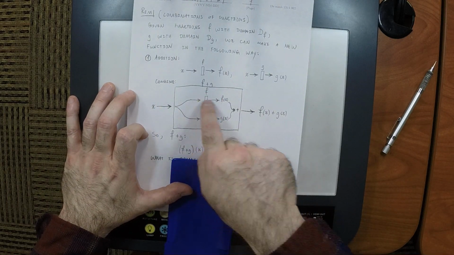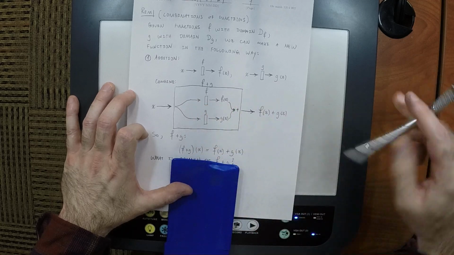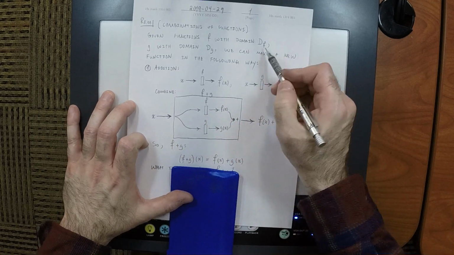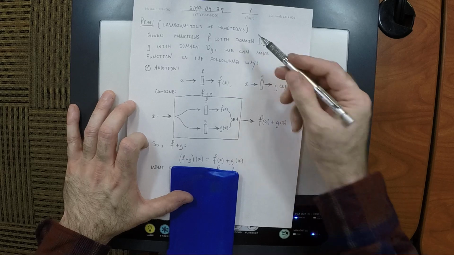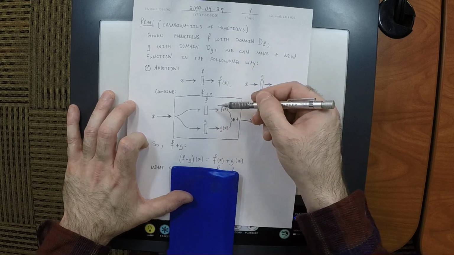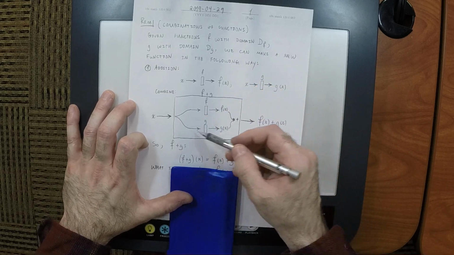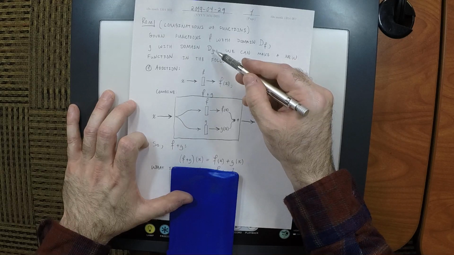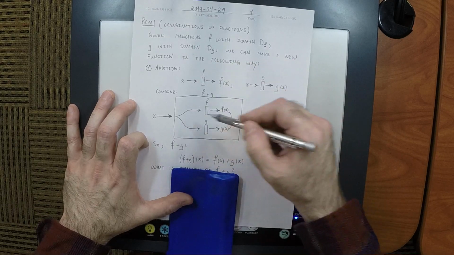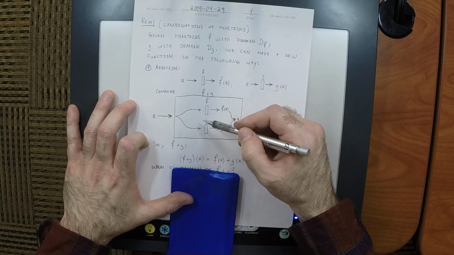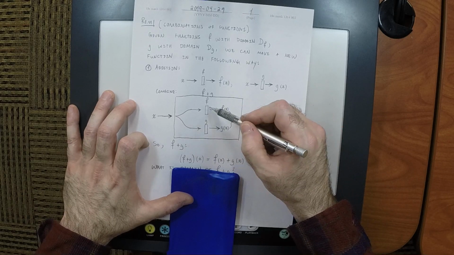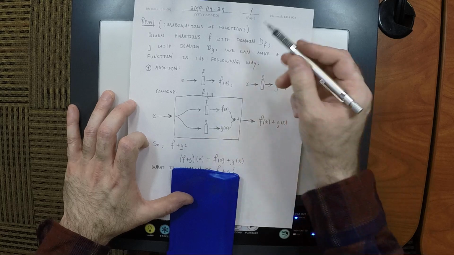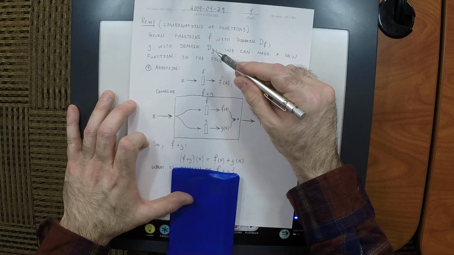Well, in order to do f, that means that the input has to be in d sub f, in f's domain. You have to be able to do this part. And to do this part, the input has to be in d sub g. So in order to be able to do the whole thing, that means that the input has to work for that part and for that part, which means it has to be in d sub f and also in d sub g.